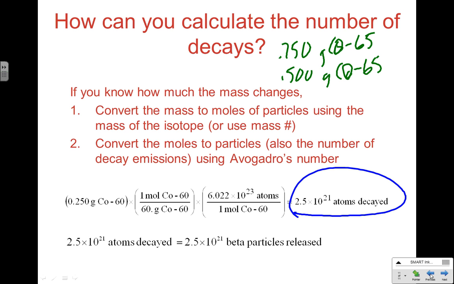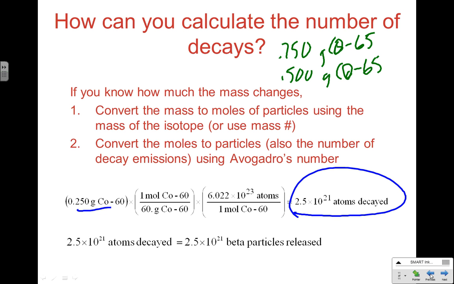And remember, it's just straightforward dimensional analysis. We've got grams, we can convert from grams to moles, and from moles to atoms. If we know how many grams decayed, in this particular sample it would be 0.250 grams. Well, that means it was 2.5 times 10 to the 21st atoms, which would mean when every one of those atoms decayed, one beta particle came out.